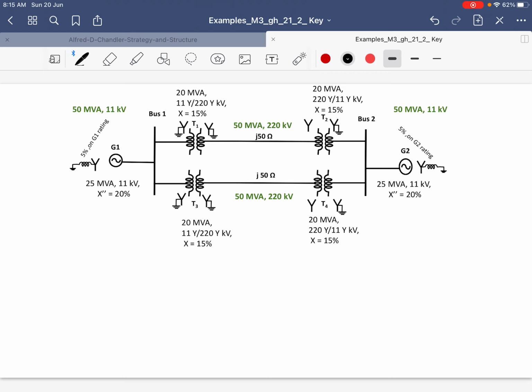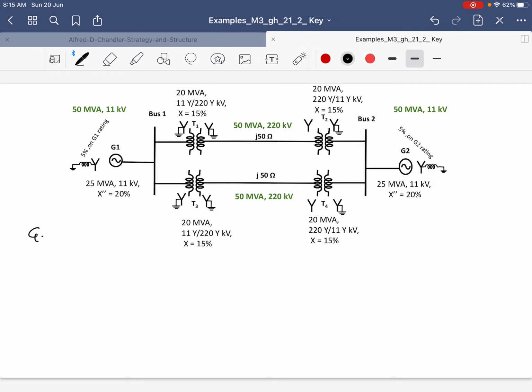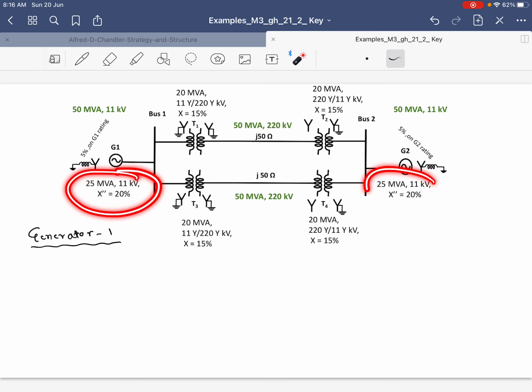I'll start with the generator, generator 1. To reduce the calculations, observe that the generator 1 data and generator 2 data are exactly the same.